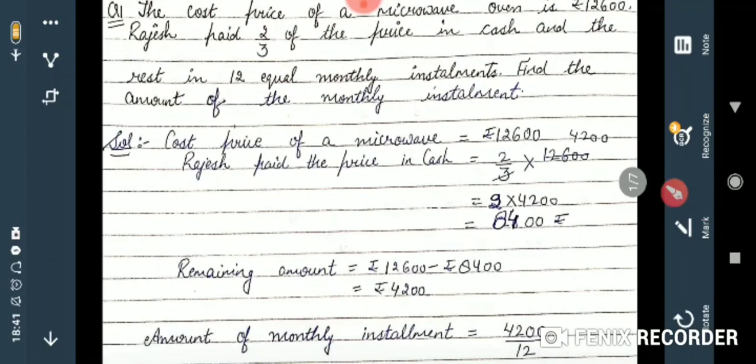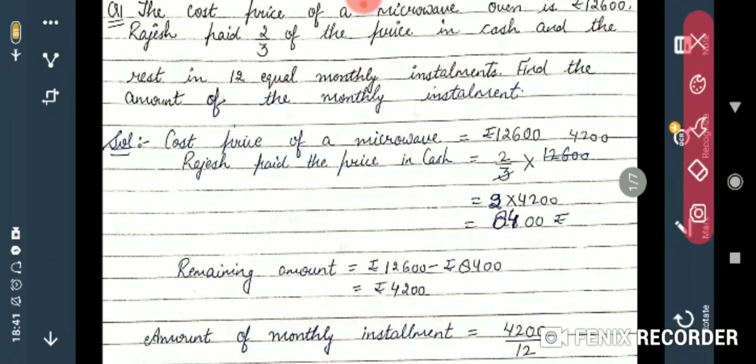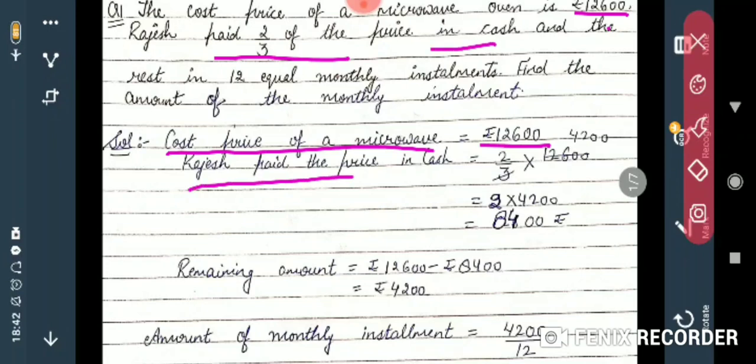So let's come to the question. The cost price of the microwave is given, 12,600. So Rajesh paid 2/3 of the price in cash. So the price paid in cash equals 2/3 multiplied by the price. And what is the price? 12,600. Of means multiply.